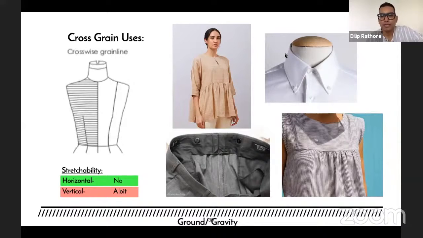The one here is the collar. Collar is a long piece and it can be pulled from both sides if there's no fusing inside. So using this grain on the collar pattern will help the collar to not stretch horizontally and it will stay in shape.